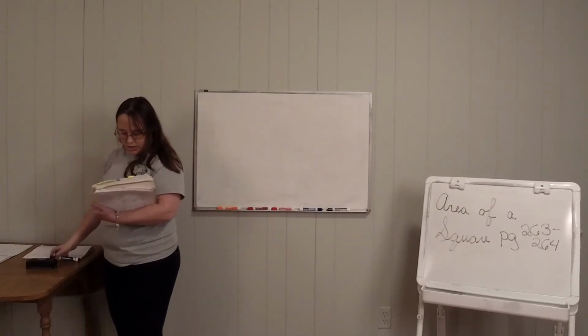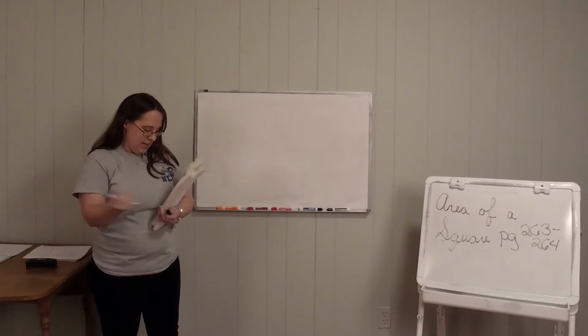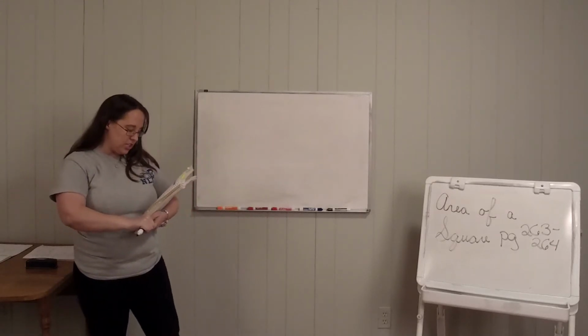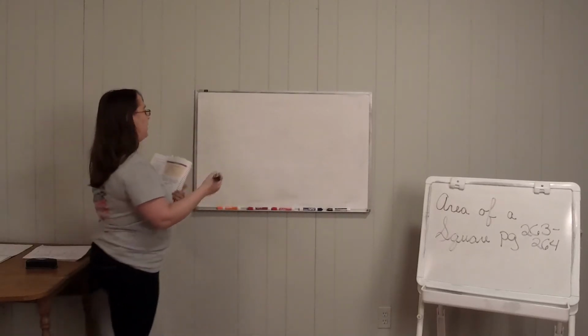Okay, it says Mr. Thomas is planting grass in the front yard. His yard is a square that is 30 feet on each side. How many square feet of grass must he plant?